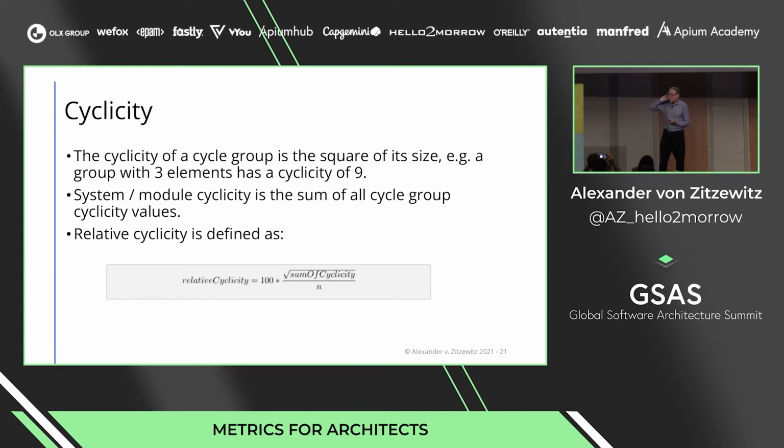Square root of 200 is something like 14 point something. So our relative cyclicity would be 14% instead of 100%. So still, every single class would be involved in a cycle, but relative cyclicity would have a much better value for that second example, because smaller cycle groups are always better than big cycle groups.